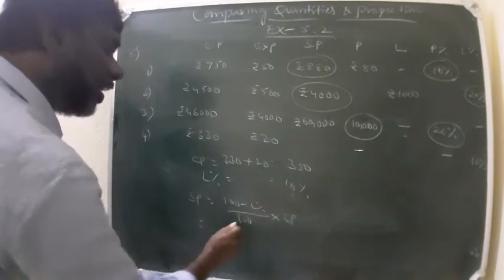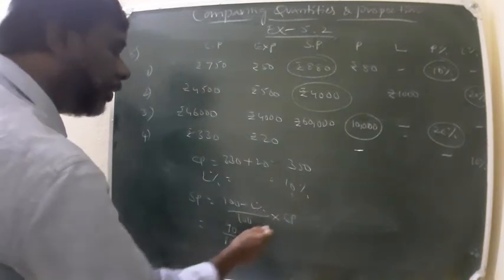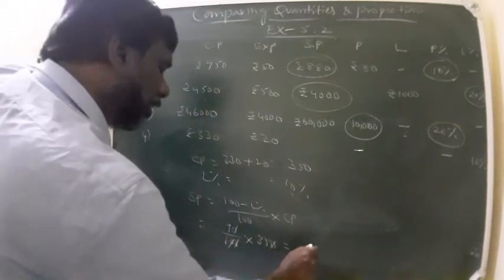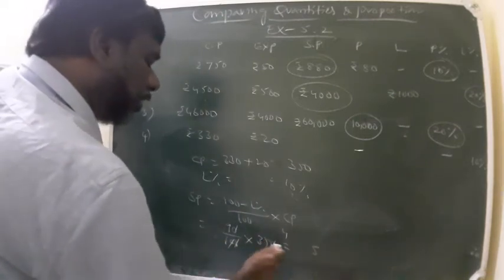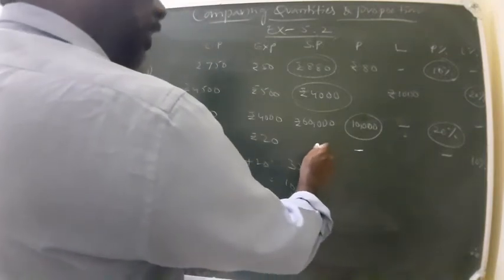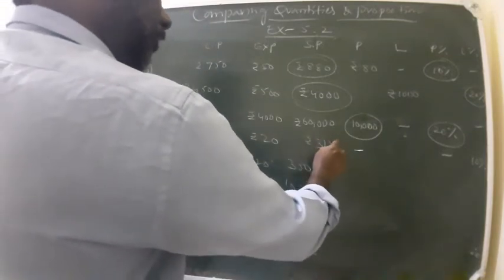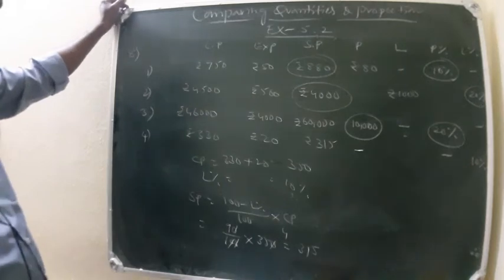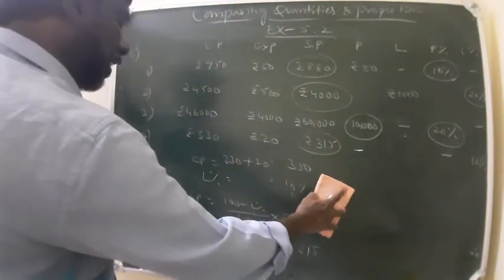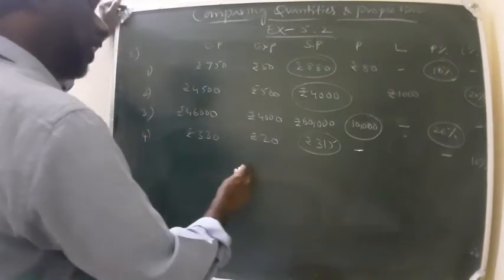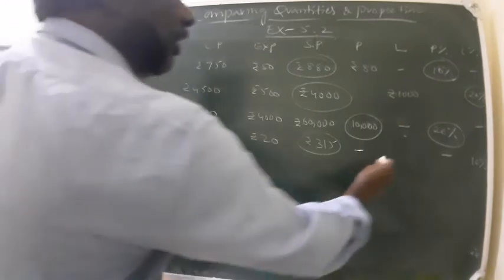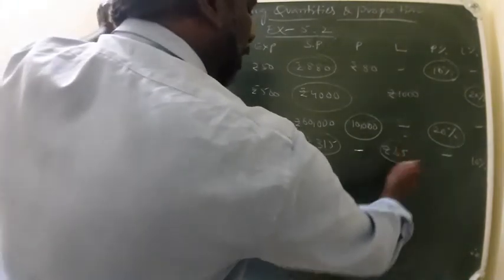So 100 minus 10, 90 by 100 into CP 350. Zeros cancel, so 315 rupees. This is the selling price. And the actual loss is 350 minus 315, 35 rupees.